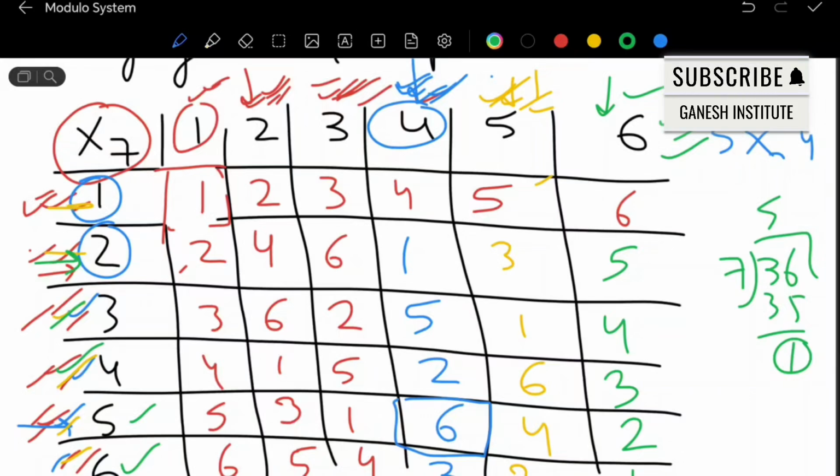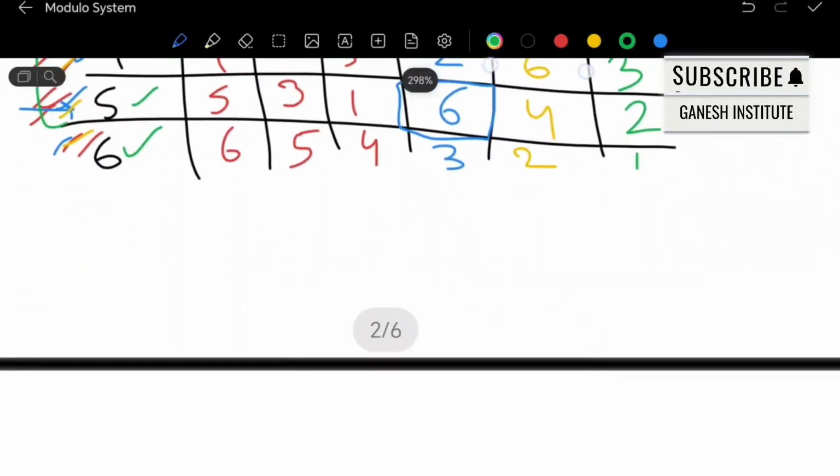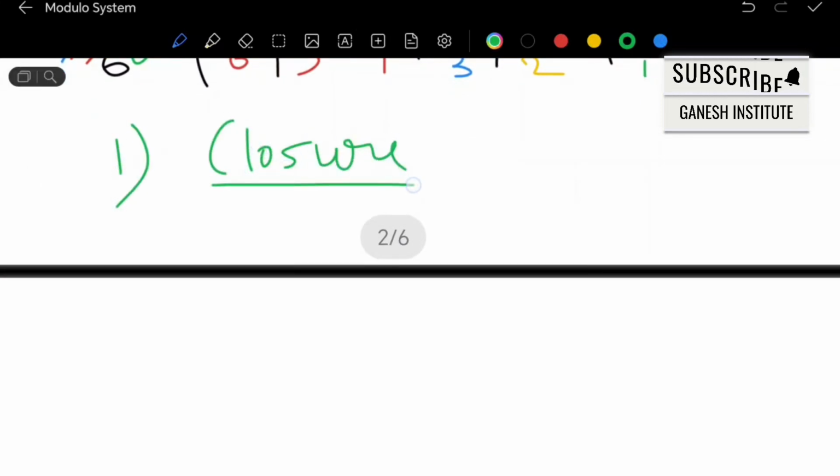Now I need to prove that the elements here and here, if operated by modulo 7, is that group an abelian group or not? So for abelian, what do I need to check? Firstly, the closure property. And you know what this closure property means?